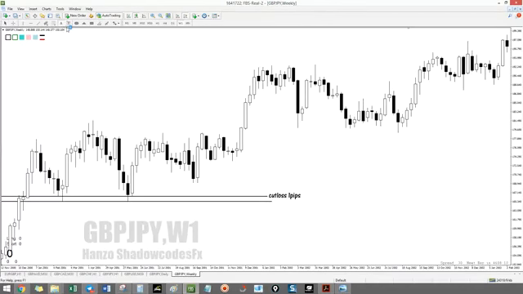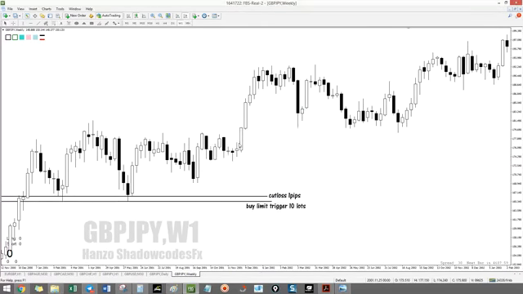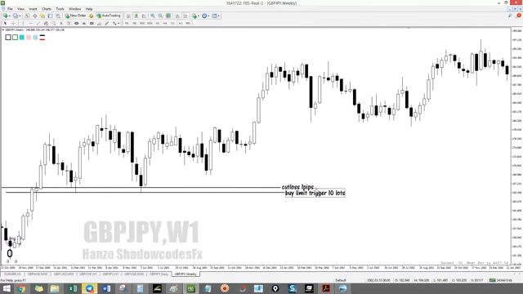Cut loss 1 pips. And this one, buy limit triggers 10 lots, for example. Buy limit triggers 10 lots. This one is cut loss, already cut loss.